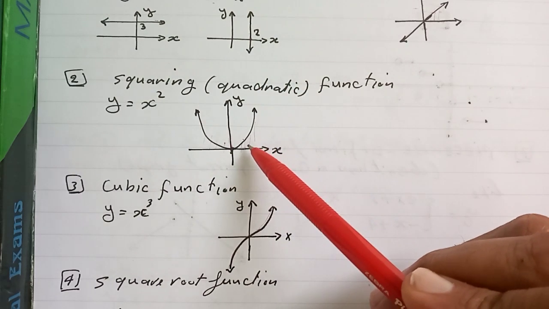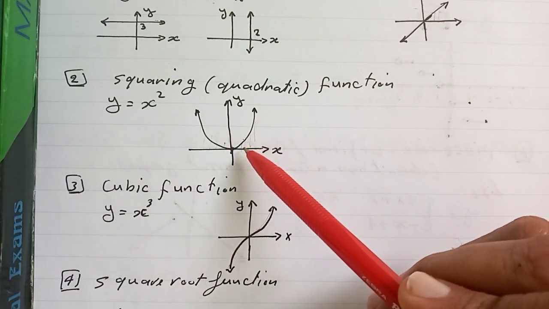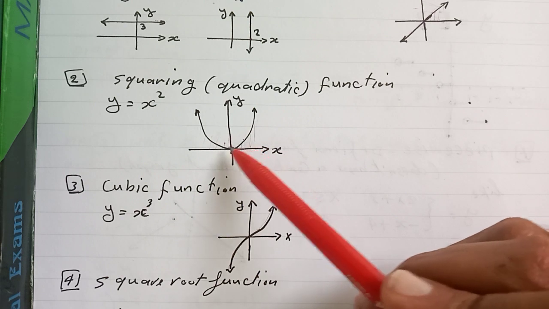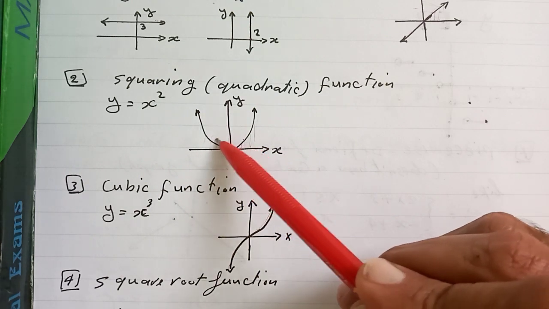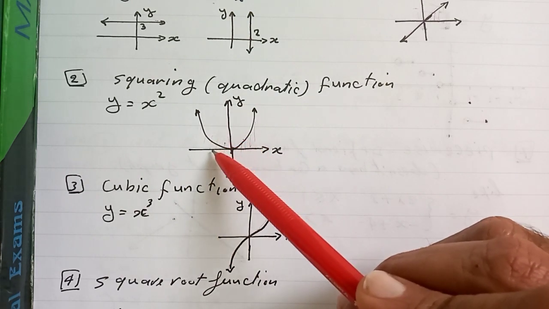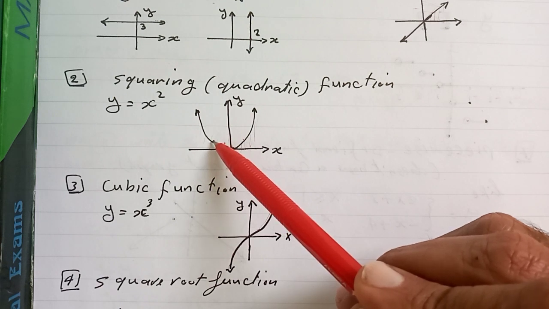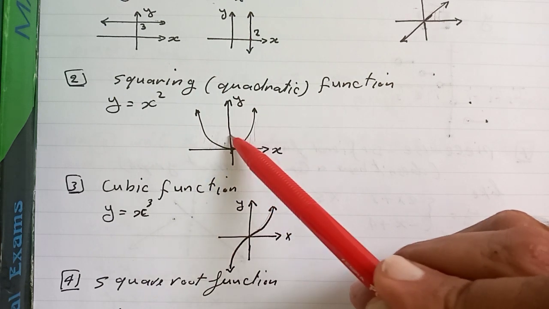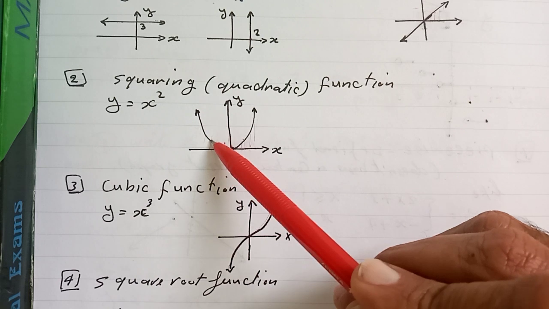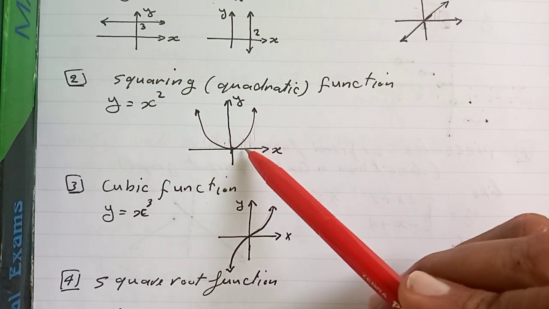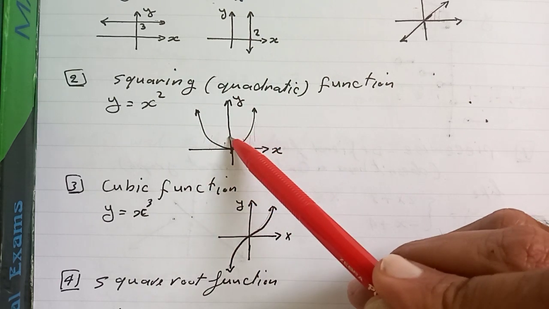Algebraically, it means f(negative x) equals f(x). That means, let's say, f(negative 5) equals positive 25, and also f(5) equals 25.